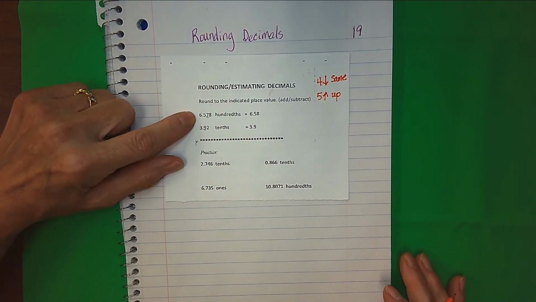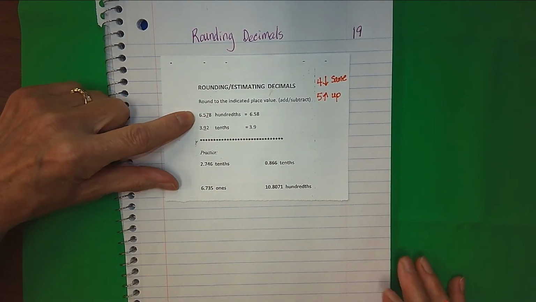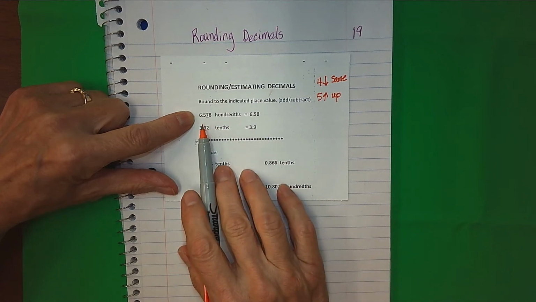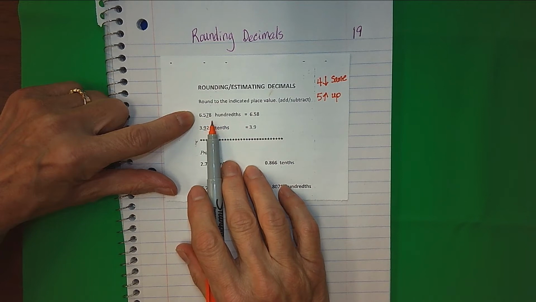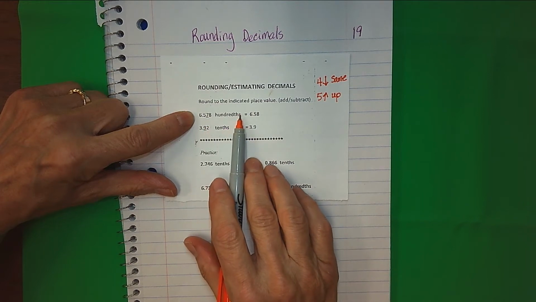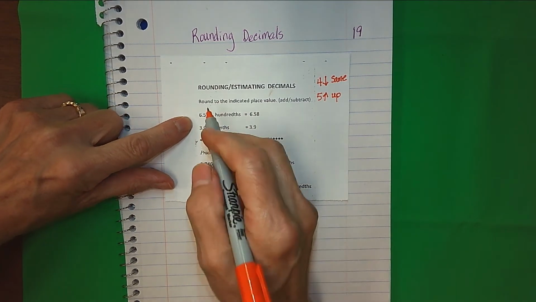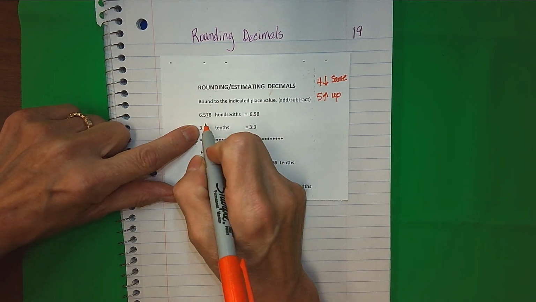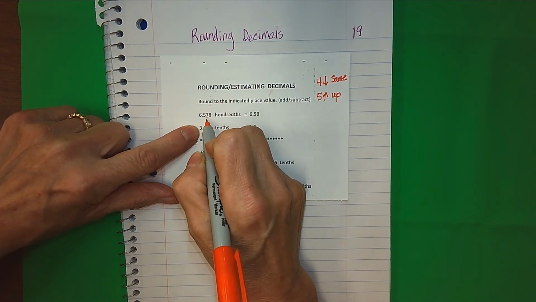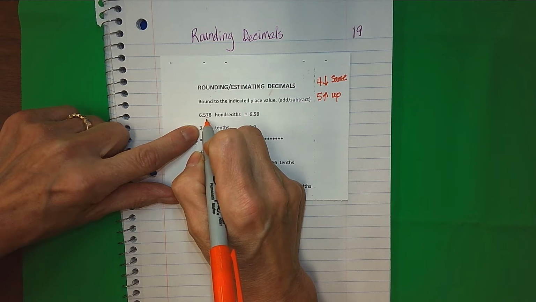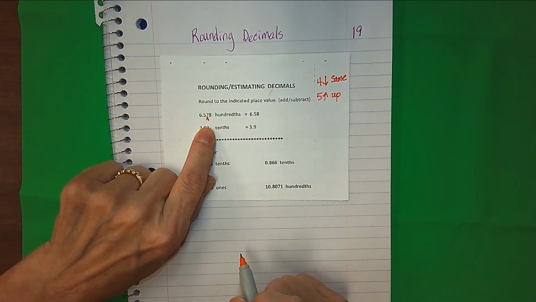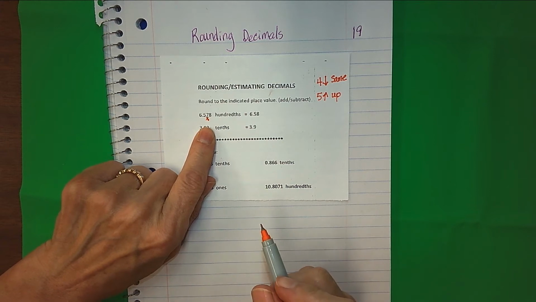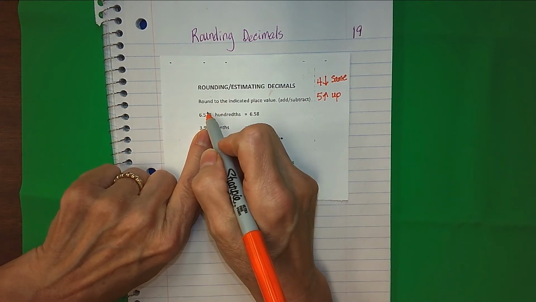Okay, so here are a couple examples for us. Our first example says that we have this number, 6 and 578 thousandths, and we want to round it to the hundredths place. So we locate the hundredths place first of all, and we've underlined it for you here. In order to know whether to leave that a 7 or to round it up to an 8, we're going to look at the number behind it.